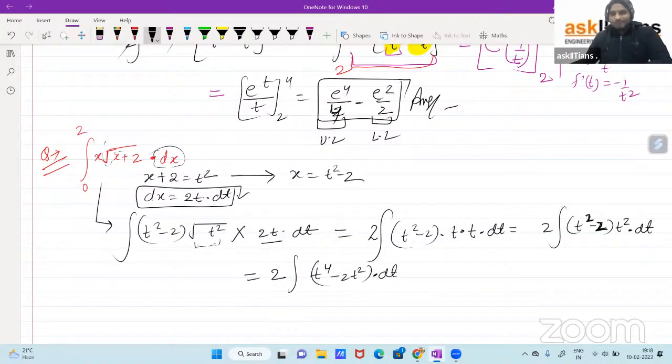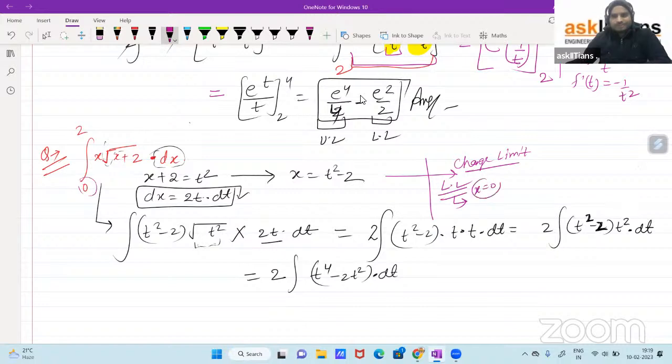Now, if you want to integrate in terms of t, your limit should be in terms of the t variable only. So, bache, you have to change the limit also. For the lower limit, x is equal to 0.